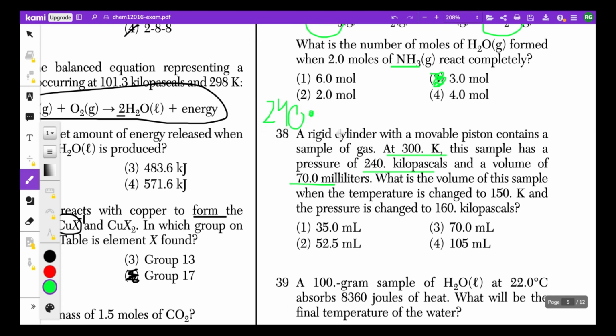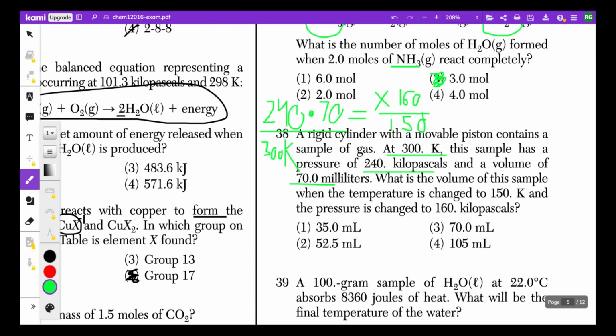Times our volume, 70 milliliters, over the temperature, 300 degrees Kelvin, equals the temperature times the pressure, and then in this case we're trying to solve for volume, so we're going to call this X. Okay, so we set up an equation. Now we just have to solve it.